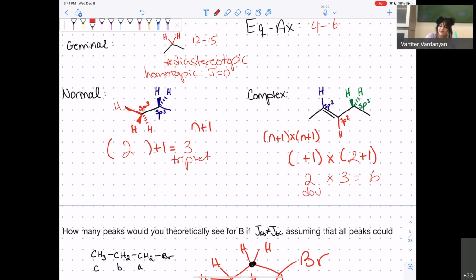So this is a doublet of triplets. Apparently it says sextet for the left one. That was before I changed it into a hydrogen. But there was a problem in that, so it was supposed to be deleted. I must have sent it to you before I erased it, so I apologize. But do it the way that I just showed you now.